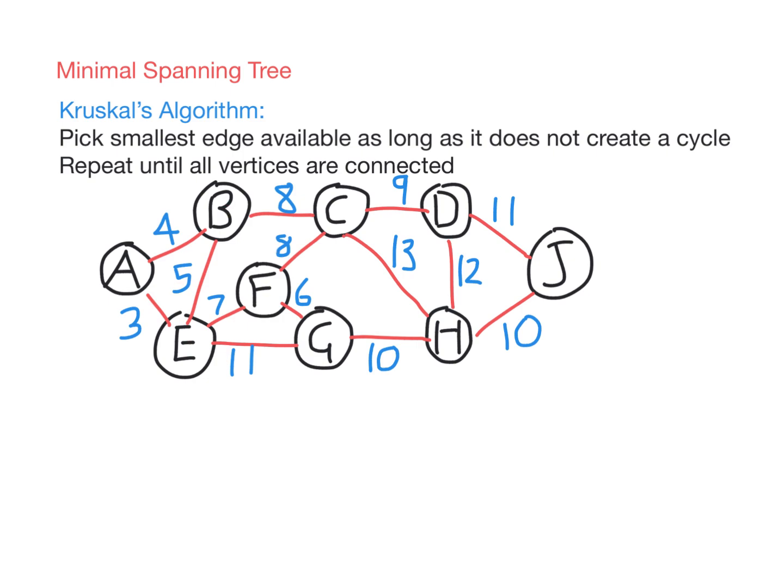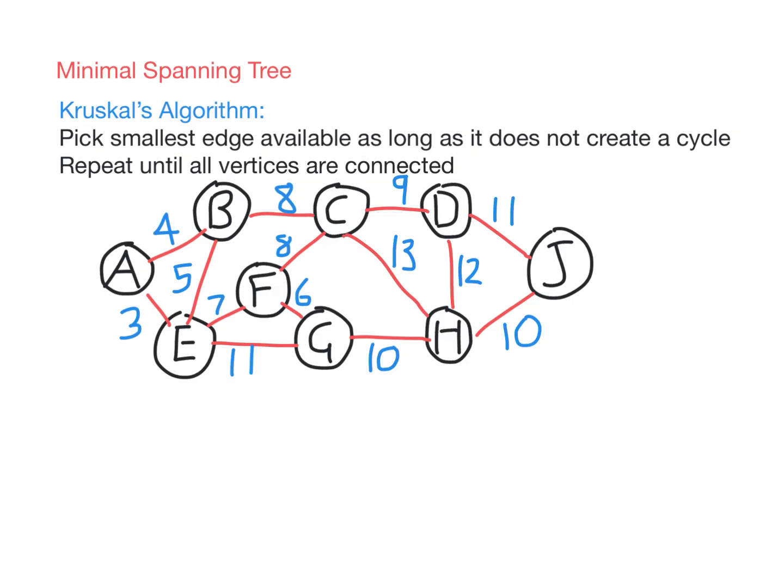Each of these nodes could represent something like a building, and say the number along the edges could represent the cost to connect them via some cable or some network. So to find the minimal spanning tree, we're finding how we could connect each of these buildings for the lowest possible cost. So let's use Kruskal's algorithm.